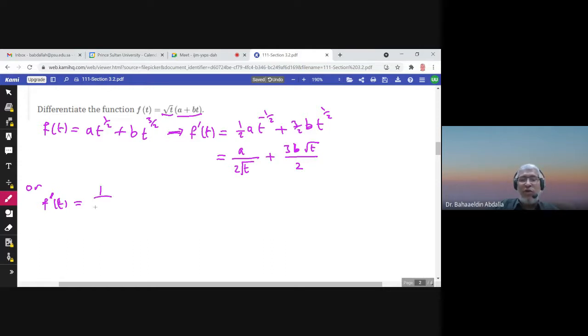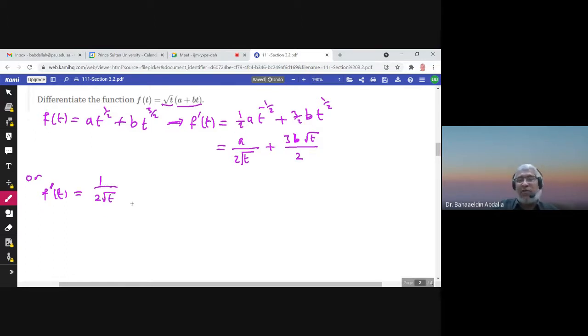The derivative of square root of t is 1 over 2 times square root of t, as we have seen in the previous section, times the second function as it is, plus the first function as it is, and the derivative of the second function, derivative of a is 0, derivative of bt is b, so I will write the b here. So that's it. This is f prime.